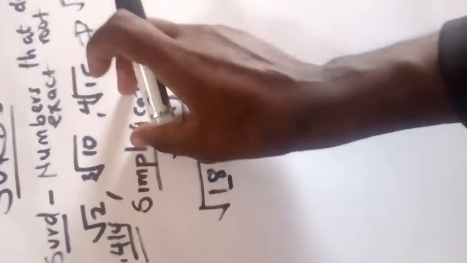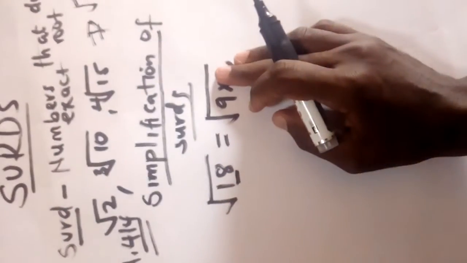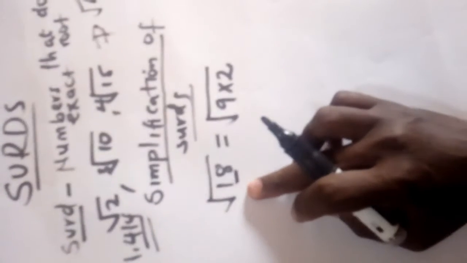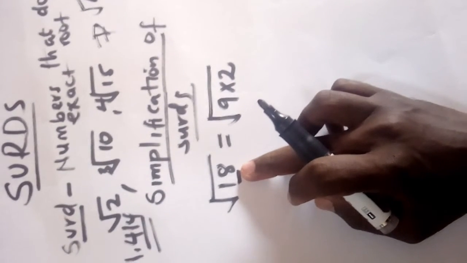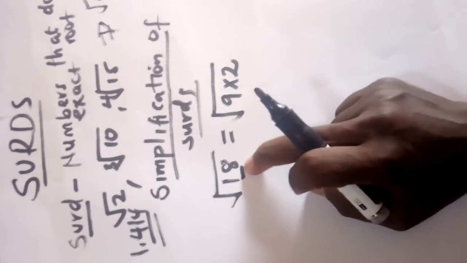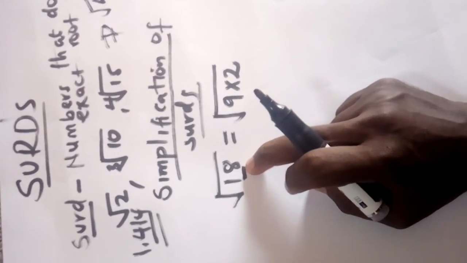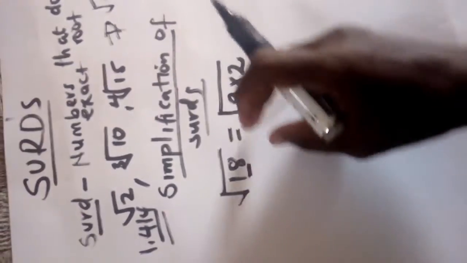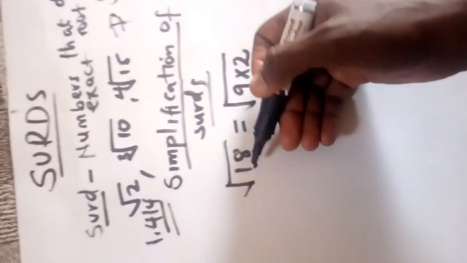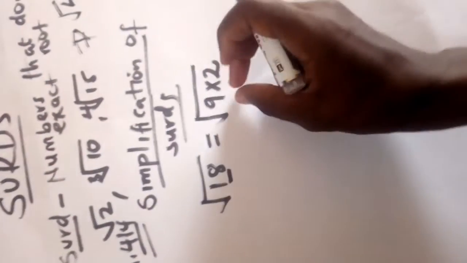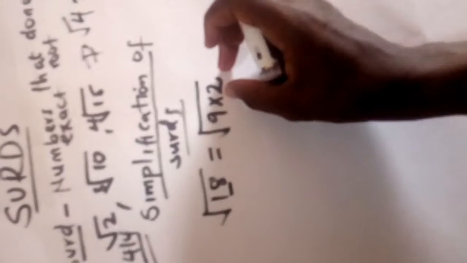Now, if you go to simplification of surds and you're given, for example, this number, and you're told to simplify the square root of 18, what you're going to do is look for two numbers that are factors of 18, such that one should have an exact root and the other one should be a surd.